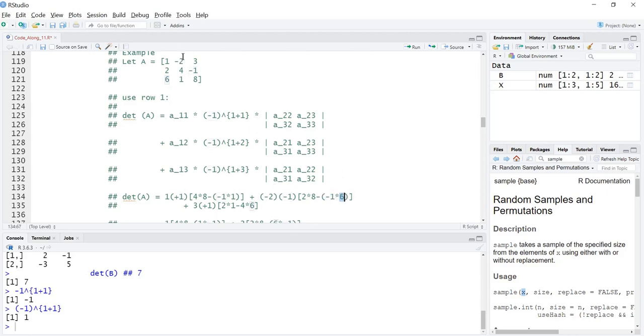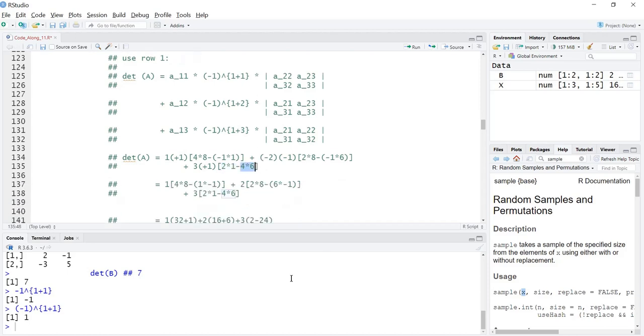And then the third one, we're left with 2, 4, 6, 1 here. Remember that this was a positive 1 because it's negative 1 to the fourth, which is positive. So I've got the 3, which was positive, times 1, and then what's left is 2 times 1 minus 4 times 6.